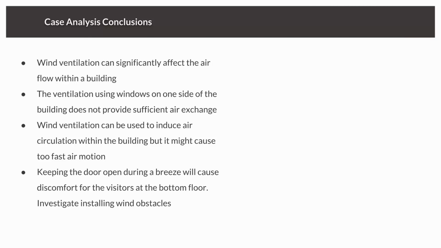On the other hand, wind ventilation induces air circulations inside the building, which might cause too fast air motion. The biggest problem here is that the door is open all the time, and it will create a lot of discomfort at the bottom floor. Here it will be necessary to install wind obstacles to reduce the level of discomfort.